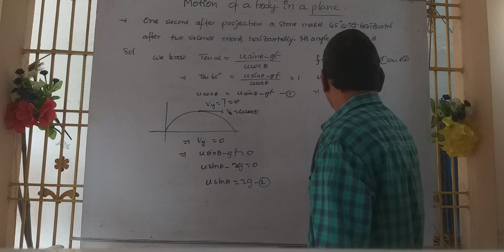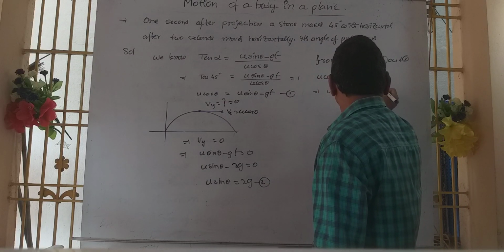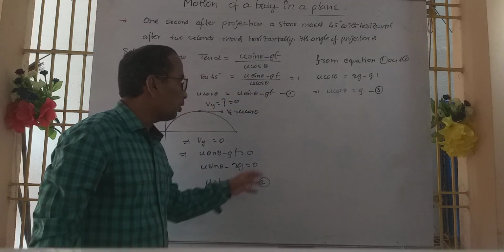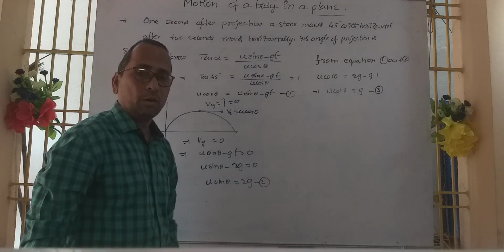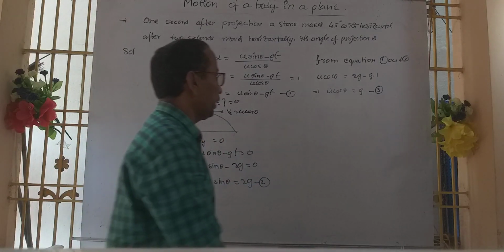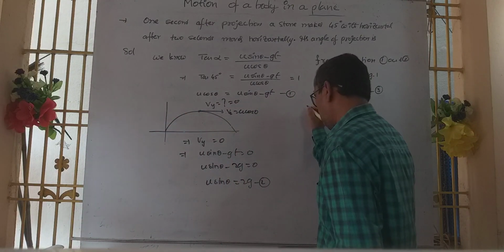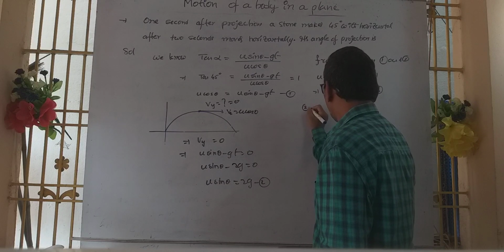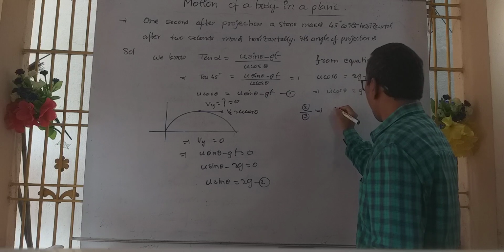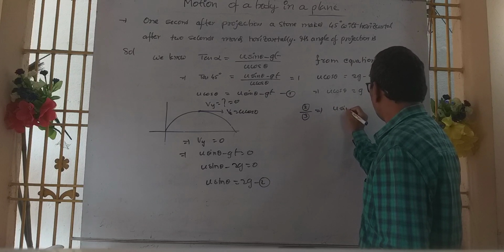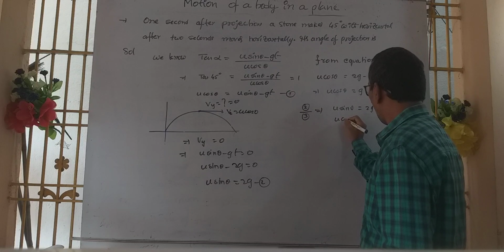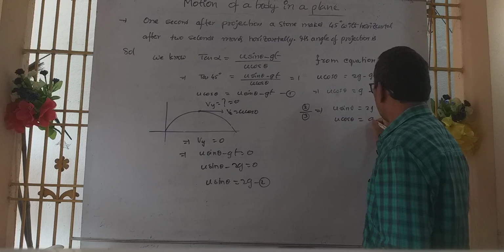Then this is the third equation. So u sin theta is equal to 2g, u cos theta is equal to g. Then again these two equations are divided. Equation 2 by 3: u sin theta is equal to 2g, u cos theta is equal to g.